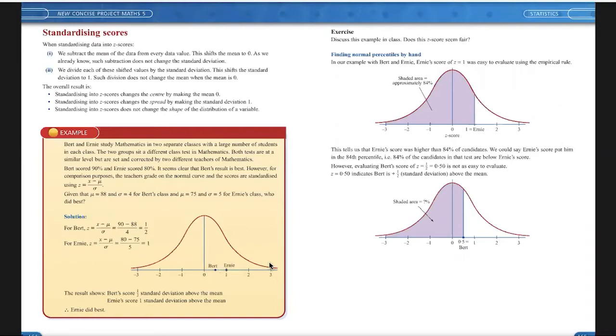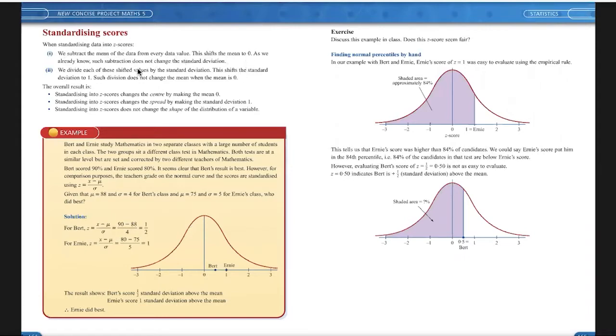Okay, so when you standardize, and this whole standardizing is what's called Z-scores. So let me read here for a minute. When standardizing data into Z-scores, you subtract the mean of the data from every data value. And the end result of this is that the mean will shift to 0.